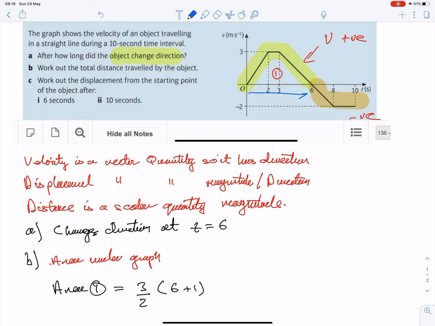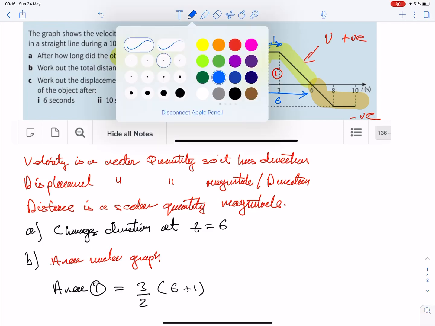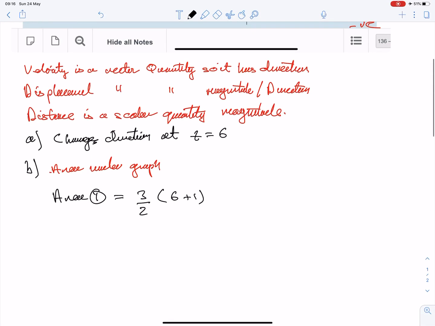So that's 6, that's the 1, and that's the height. So area 1 then is equal to 21 over 2 metres.